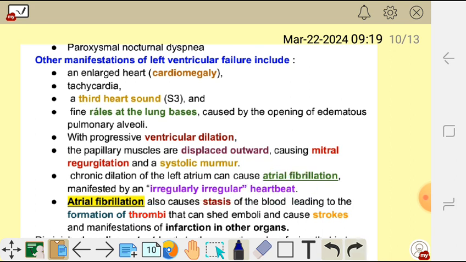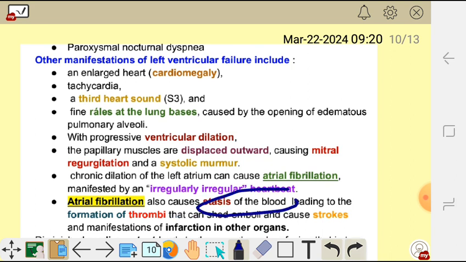Okay, so if you have a problem in the left atria, we know that even the stroke volume is going to be affected. Apart from that, if the left atria is dilated, we are going to cause stasis of blood.